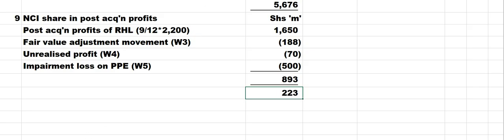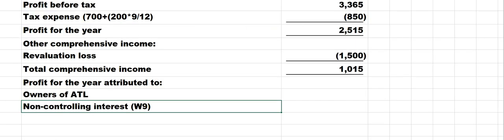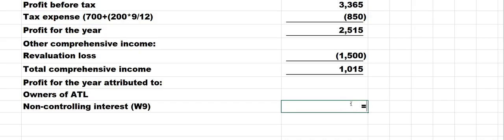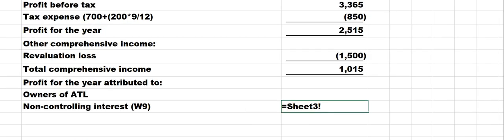That's my NCI share in the post-acquisition profits of the sub. That's what we have, so it's what I'll bring here. That's 223.